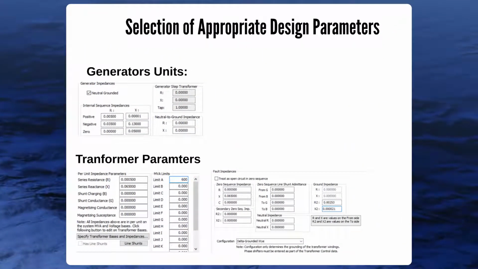On this slide, it refers to the several parameters that were inputted into our generating and transformer units. If you take a closer look, you notice that our generator only has internal sequence impedance and neutral to ground impedance. As for the transformer, it only has a zero sequence impedance.